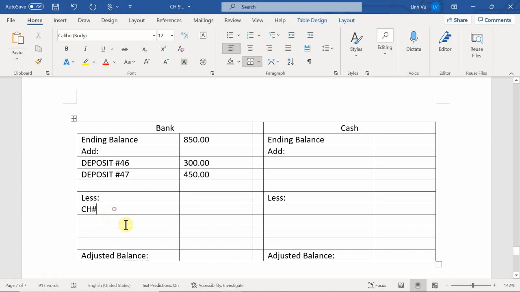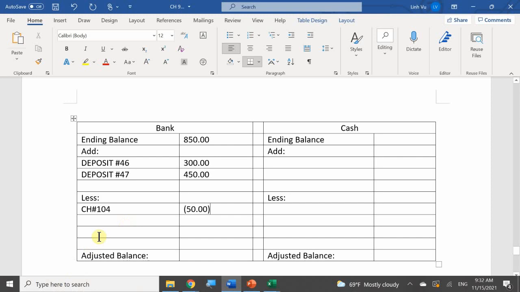Okay, so 104 for, in this case, I'm going to use parentheses so you guys know to subtract. So that's 50, okay? And then I have check number 105 for 125.